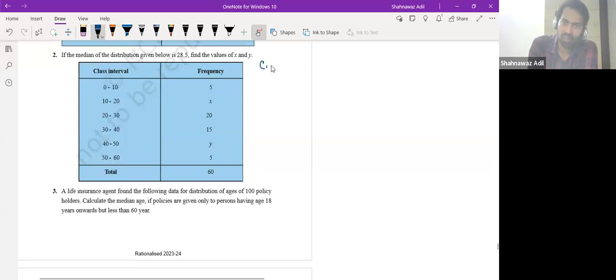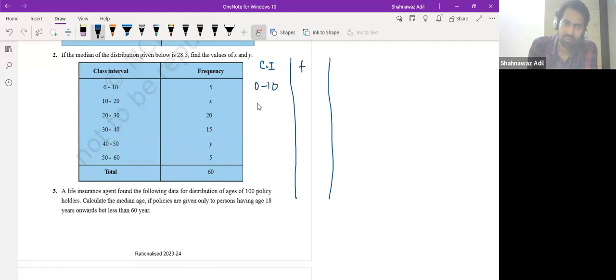So we have the class interval and the frequency: 0 to 10, 10 to 20, 20 to 30, 30 to 40, 40 to 50, and 50 to 60. The frequencies are 5, x, 20, 15, y, and 5. And we know that N is 60.